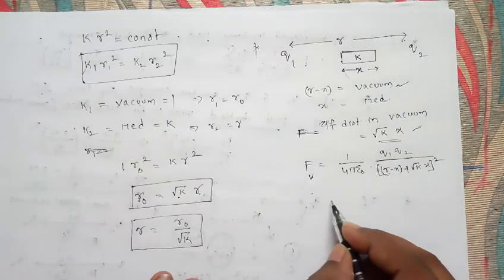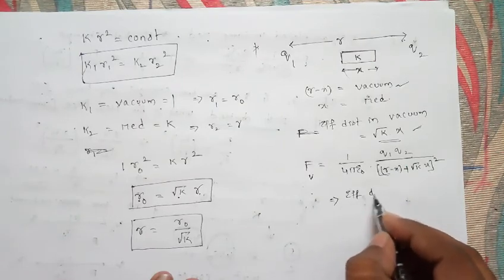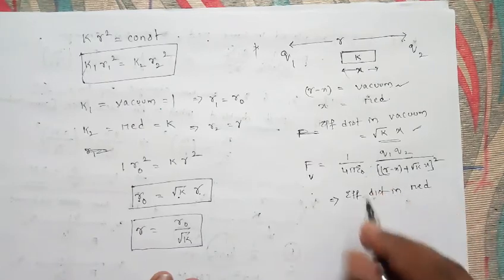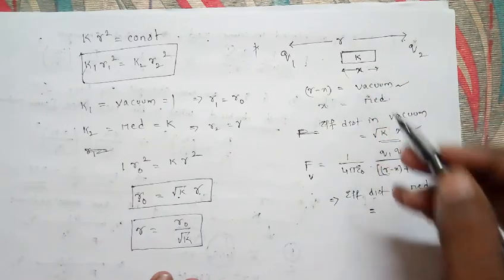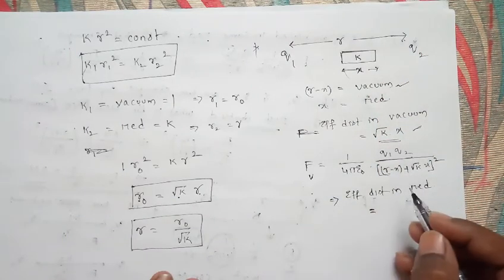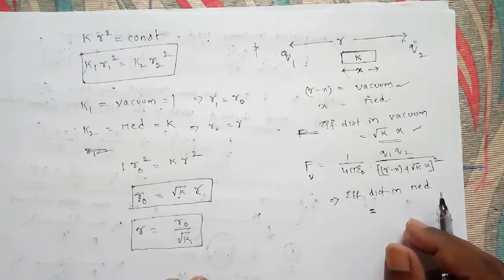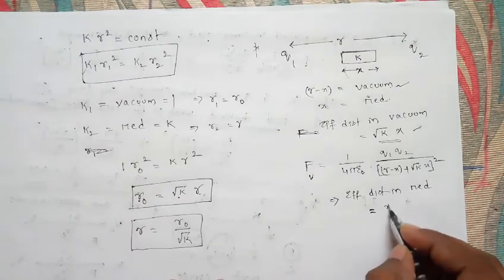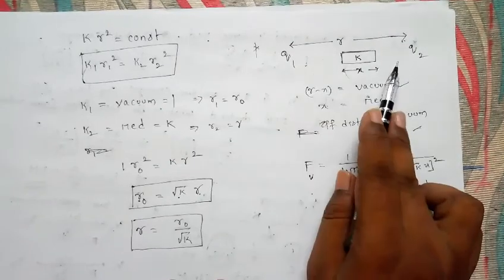The distance in medium is x, and the remaining vacuum distance is r minus x.